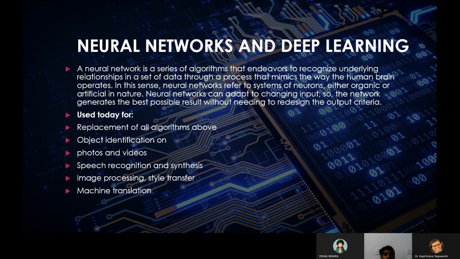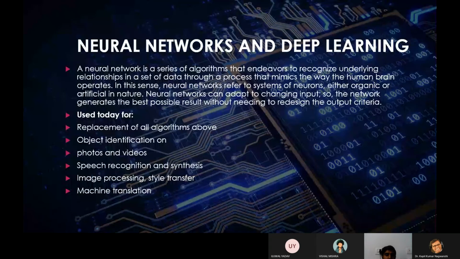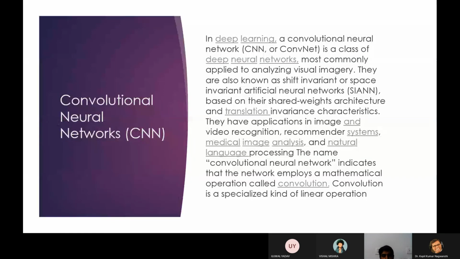Neural networks can adapt to changing input, so the network generates the best possible result without needing to redesign the output criteria. Today, it can replace all algorithms above in object identification on photos and videos, speech recognition and synthesis, image processing, style transfer, machine translation, etc.